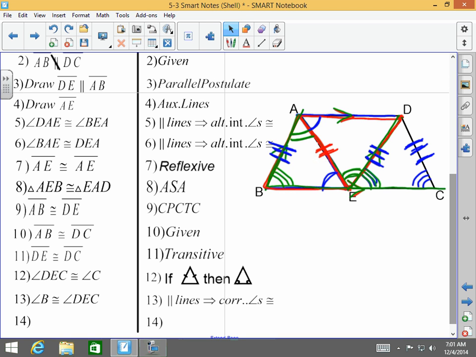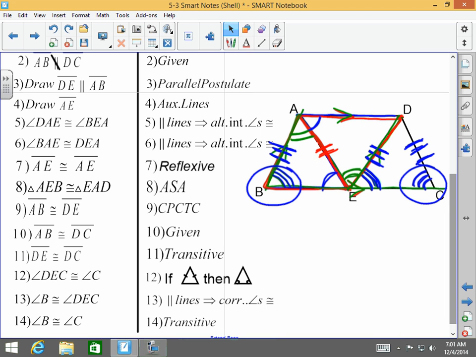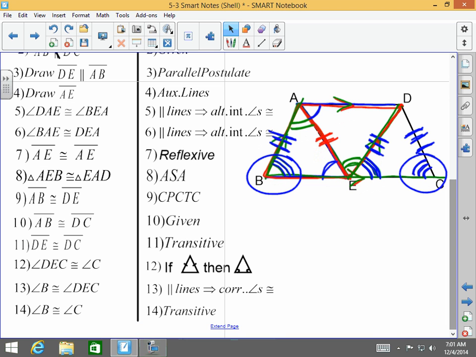And then from there, I can state that angle B is congruent to angle C because of transitive property. Why? Well, we had already stated that angle C was congruent to DEC. Then we stated that angle B here is also congruent to DEC because of corresponding. So then we can state that angle B is congruent to angle C because of transitive property.